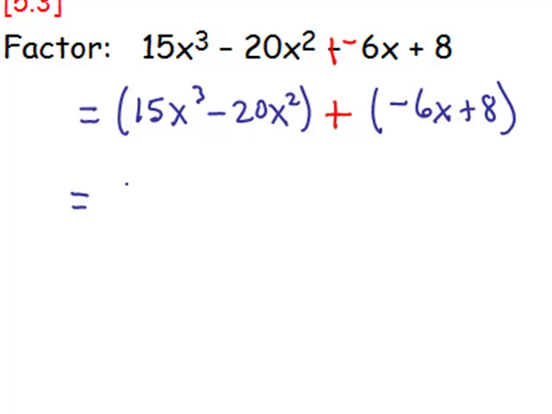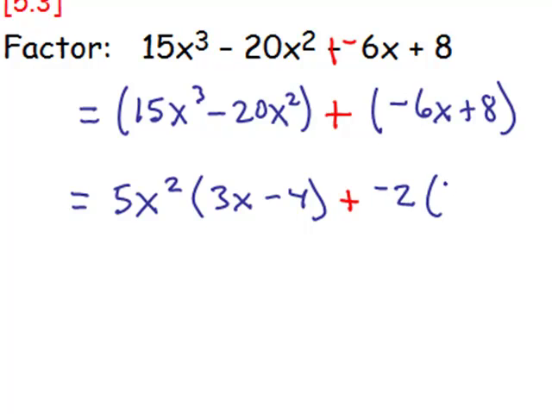Out of the first grouping, we can factor 5 and x squared. And when we extract that, we got a 3x and a minus 4. Plus, here we factor out a negative 2. And again, we're left with 3x minus 4.